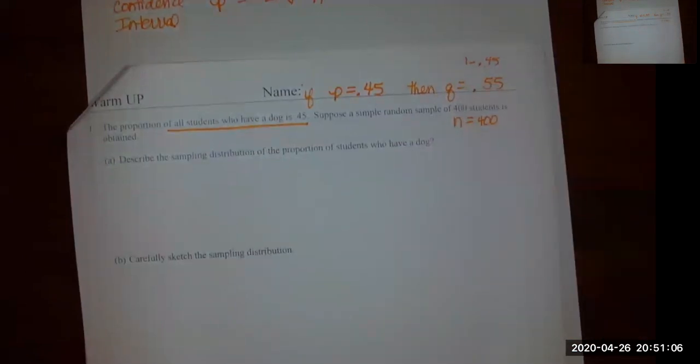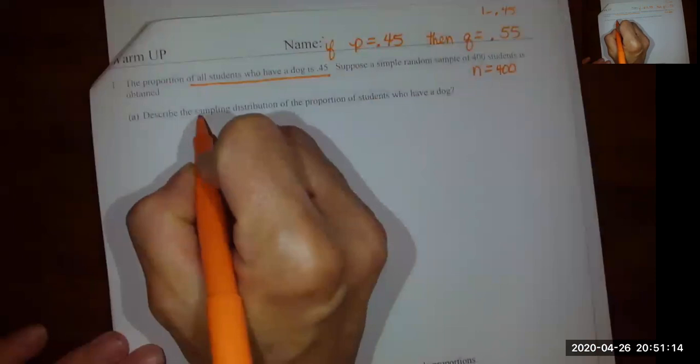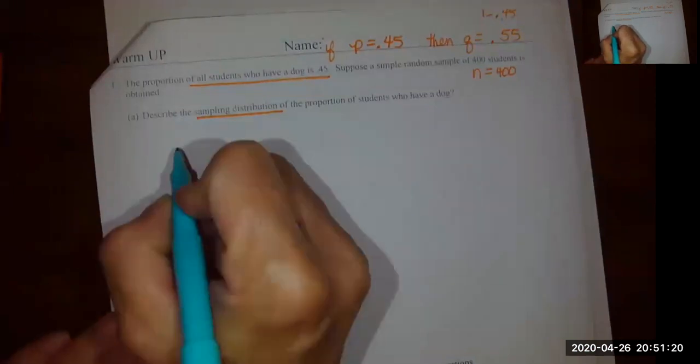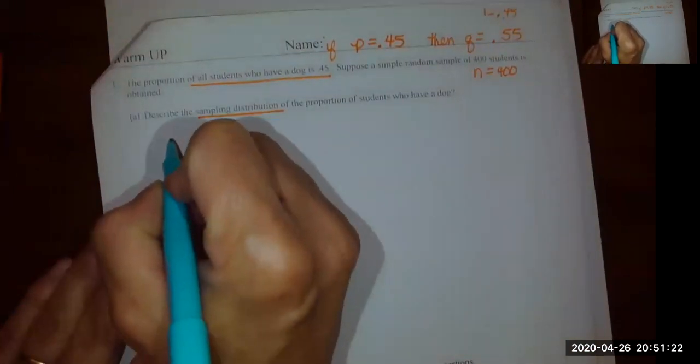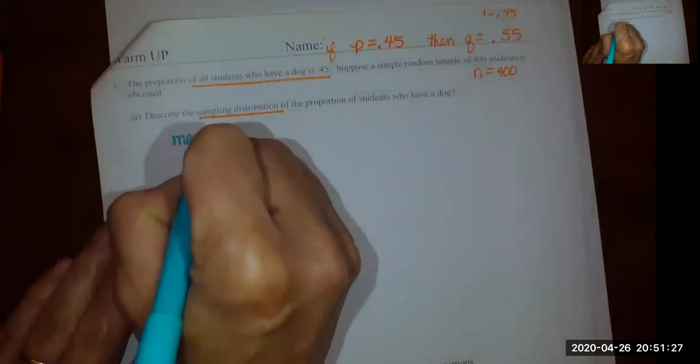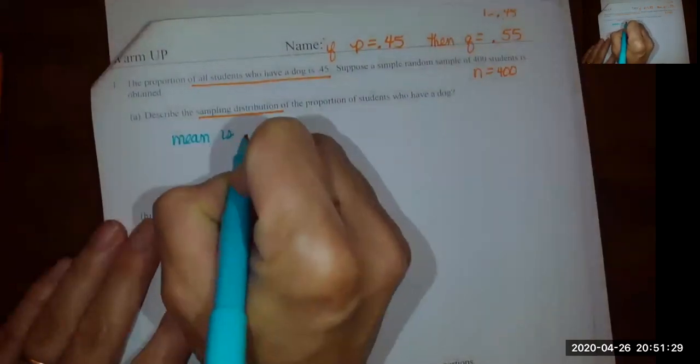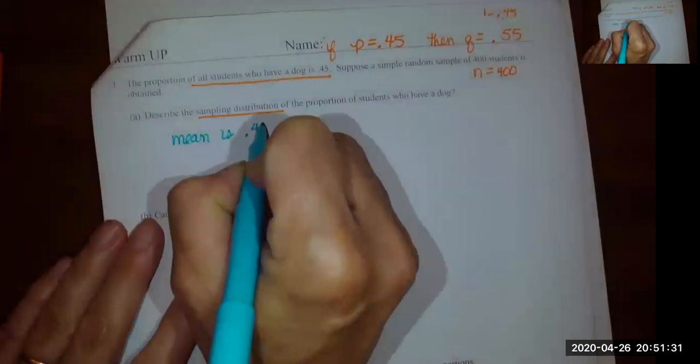So describe the sampling distribution of proportion of students who have a dog. Well, what does that mean? When you see this, describe the sampling distribution, one of the things they want you to find is a standard deviation. So the mean is 0.45, right?